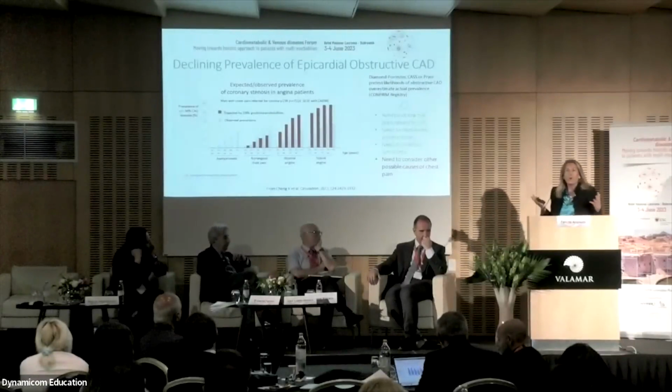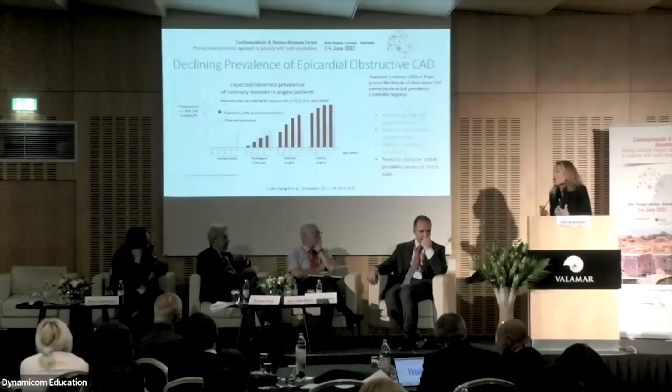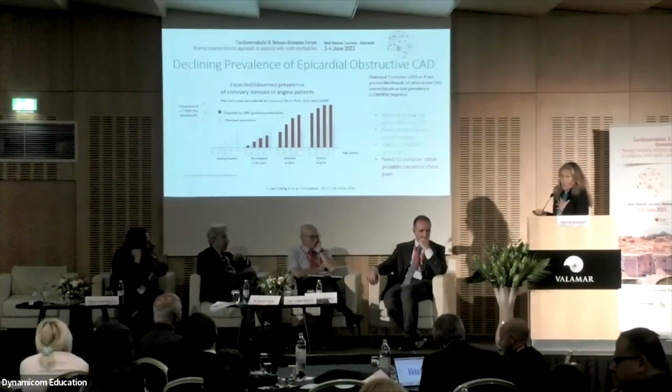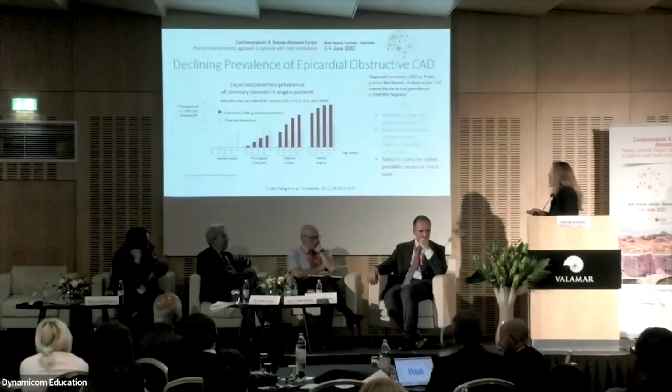Now, we are well aware of the menace of obstructive coronary disease, and therefore, when we reach a certain age, we go to CCTA to rule out, et cetera, even if we have moderate symptoms.